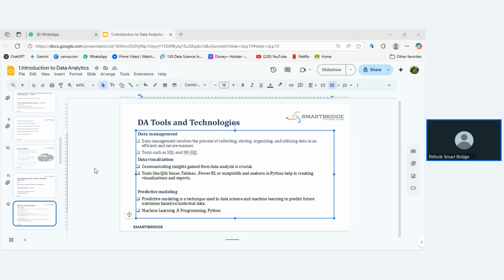Relational data, yes. Structured data in SQL, and unstructured data in NoSQL.